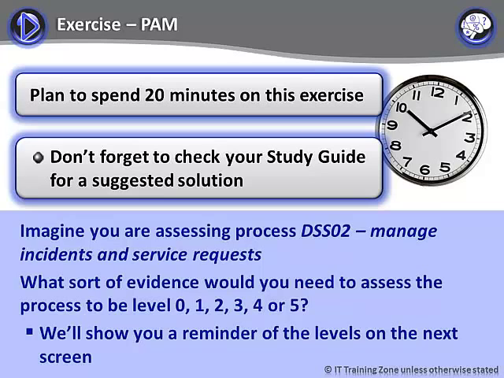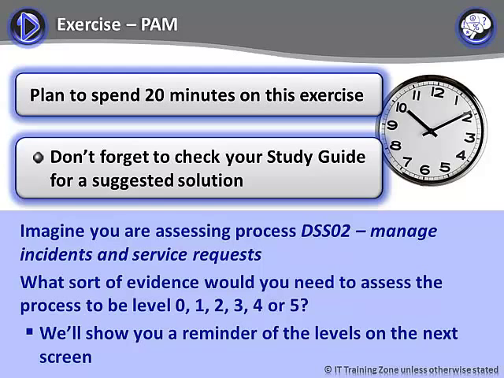Let's consider these with an exercise. Plan to spend 20 minutes on this exercise, and don't forget we'll include a suggested solution in your study guide. Imagine you are assessing process DSS02, Manage Incidents and Service Requests. What sort of evidence would you need to assess the process to be level 0, 1, 2, 3, 4, or 5?